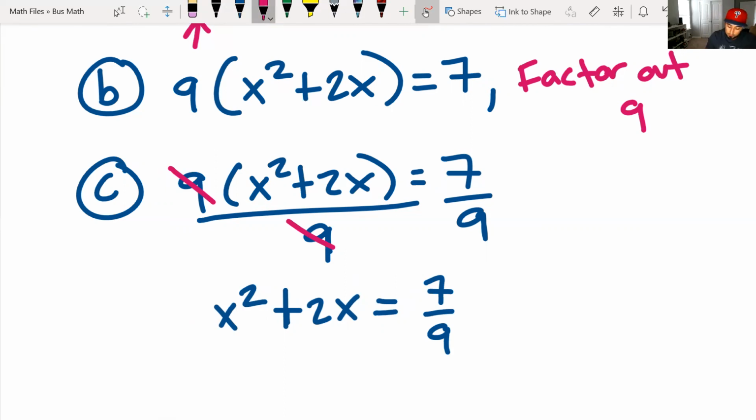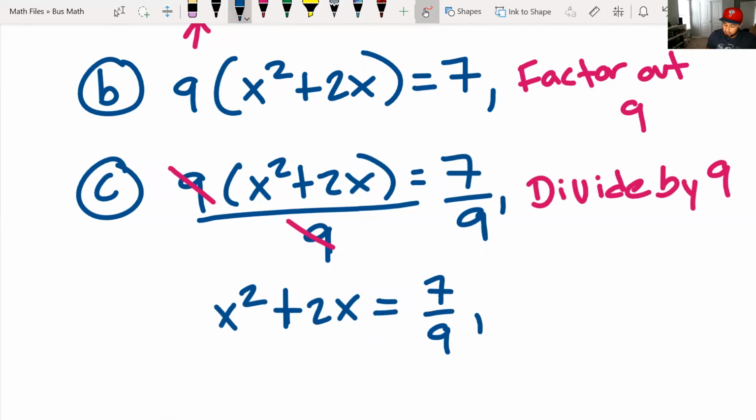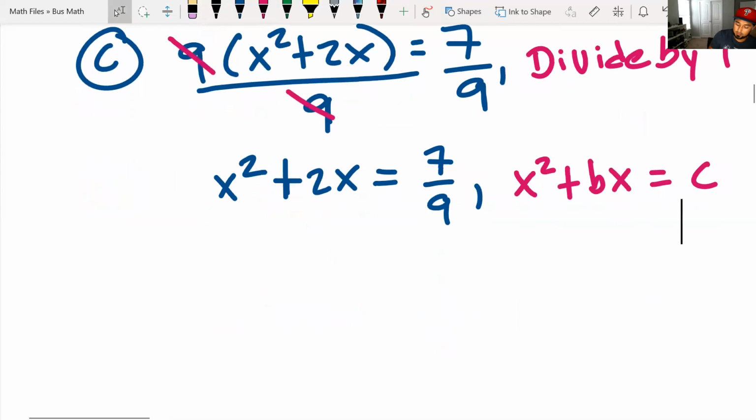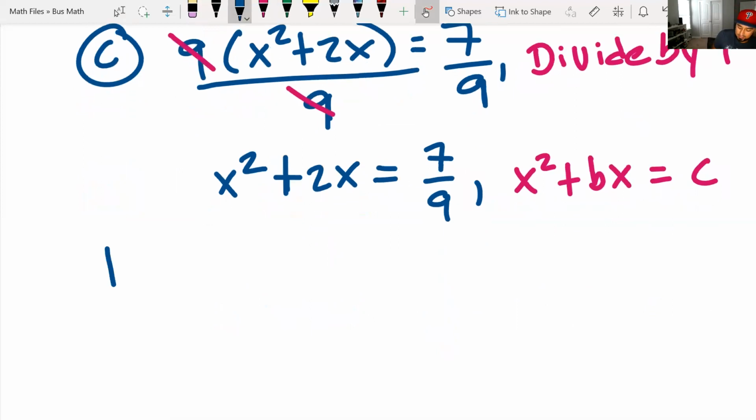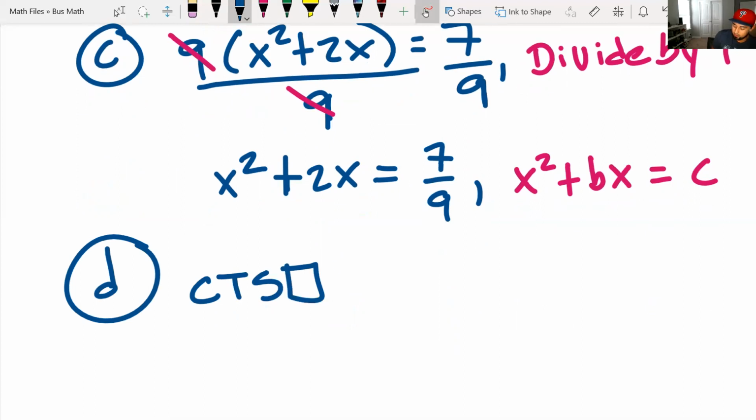Okay. So I'll list our steps here. And then down here, we have the form that we want, so we can continue to complete the square. We have x squared plus bx equal to c, which means we can move on to step D and complete the square.